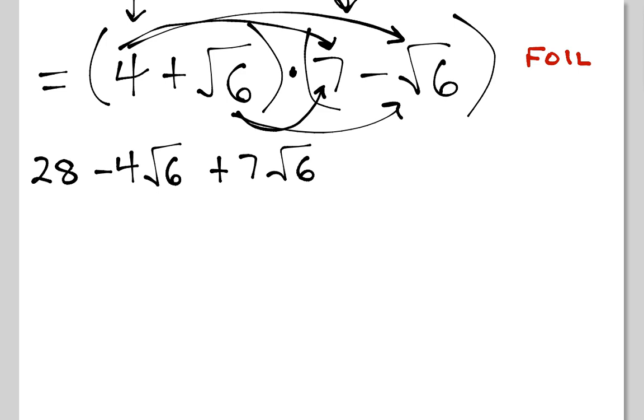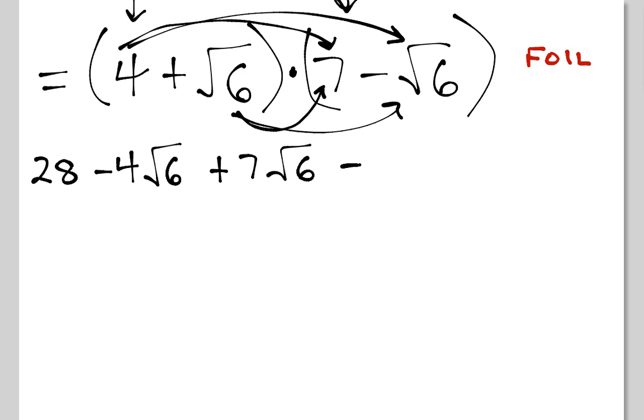There's a couple cool things going on with this last one. You have a positive times a negative. Kind of, yeah. Do you mean the radical? So first of all, positive times a negative, so this term is negative. And then root 6 and root 6 is just like this.